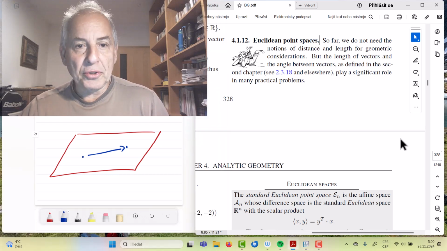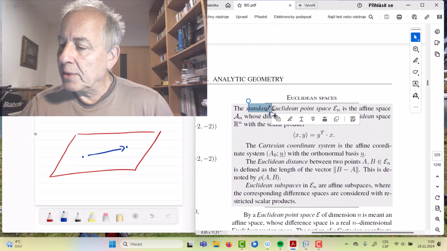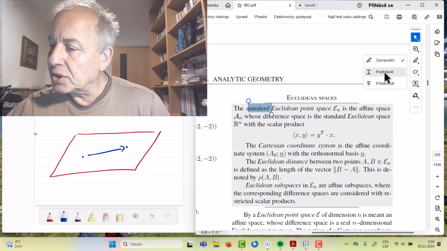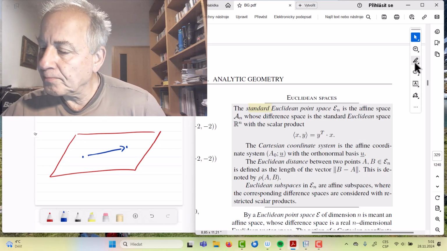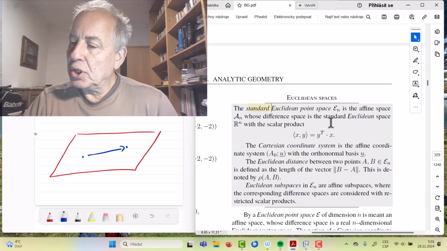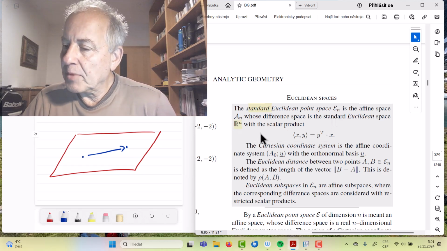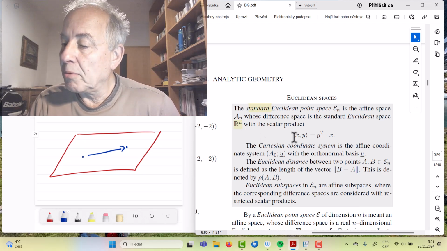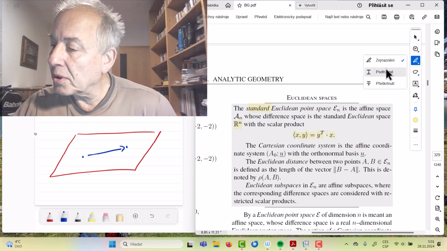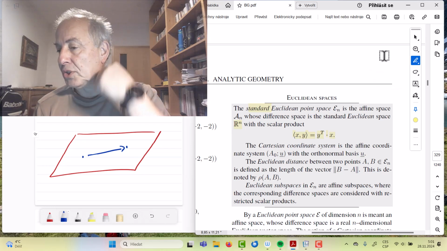I simply want the difference space, the vector space modeling the affine space, to be equipped with a scalar product. So the standard Euclidean space is just Rn, as we did with the standard affine space, but equipped with the standard scalar product.